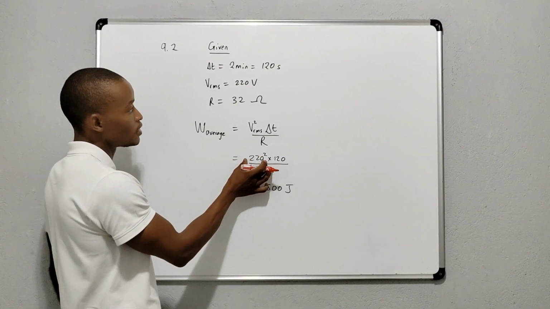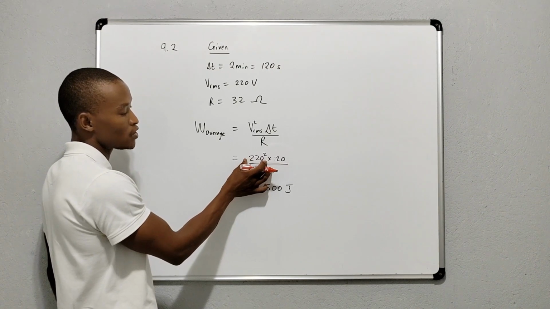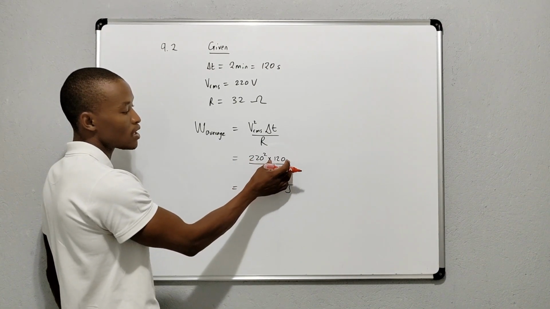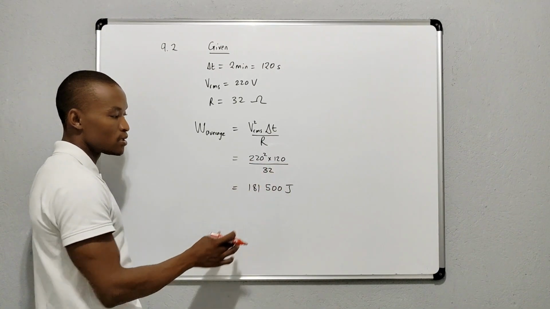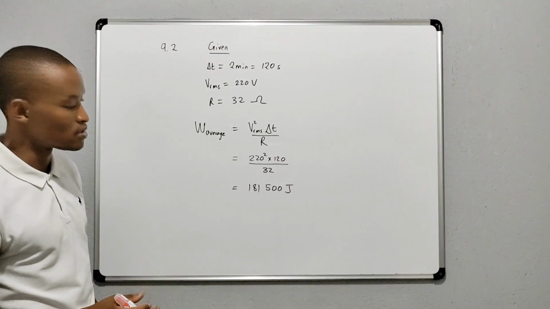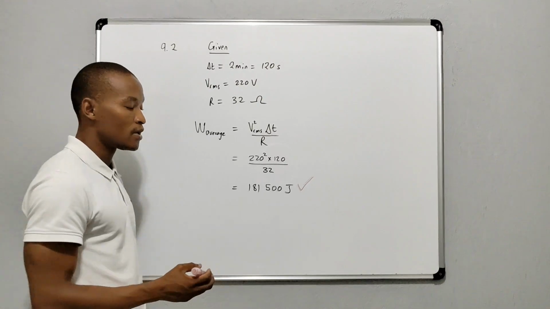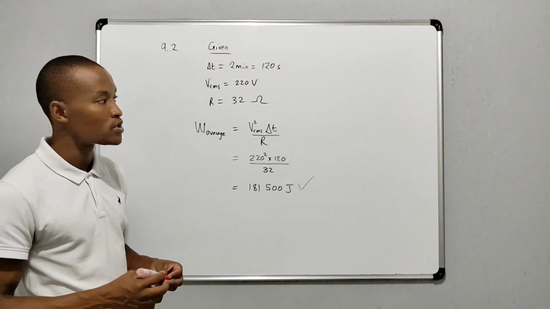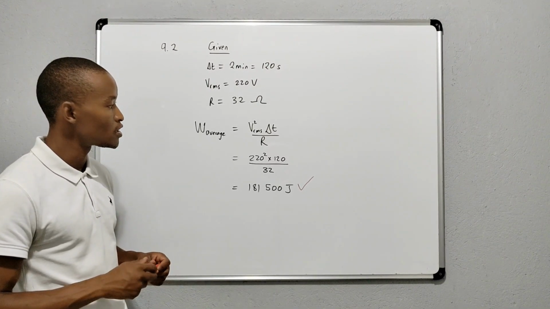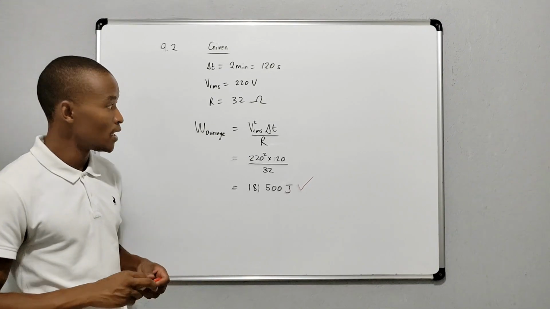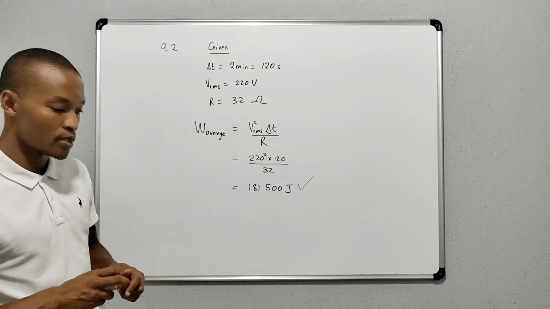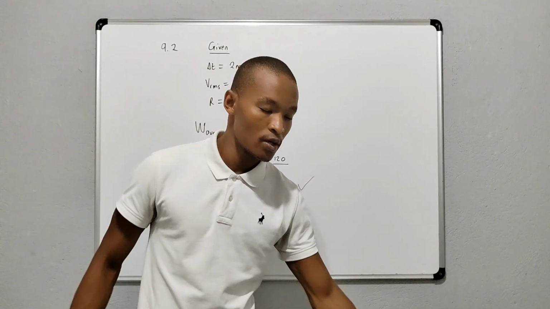We take the root mean square voltage, we square that, we multiply it by the time taken, as well as divide by the resistance, and this gives us 181,500 joules.